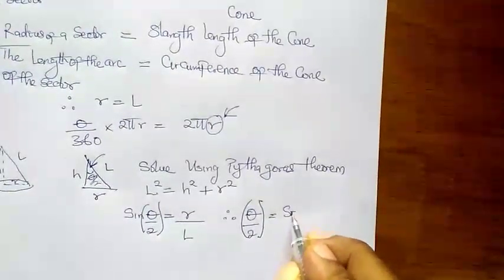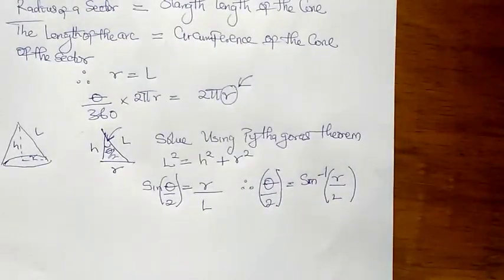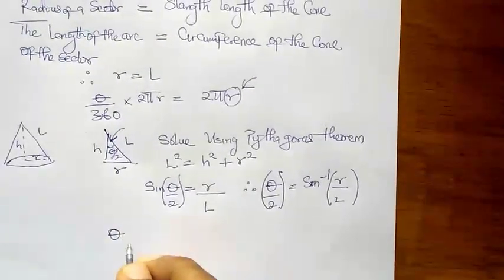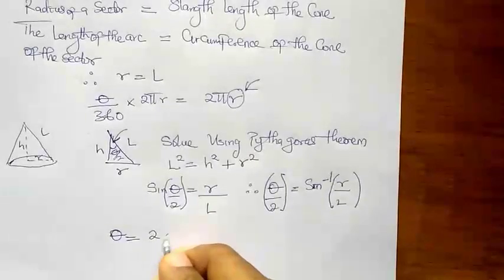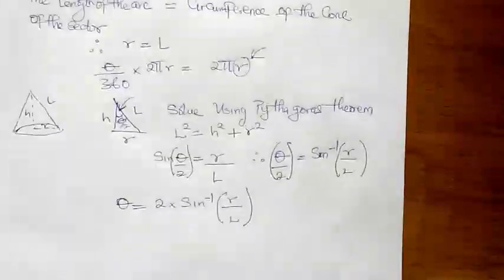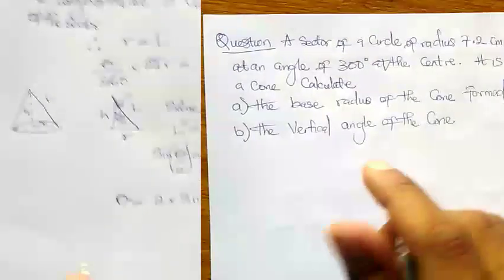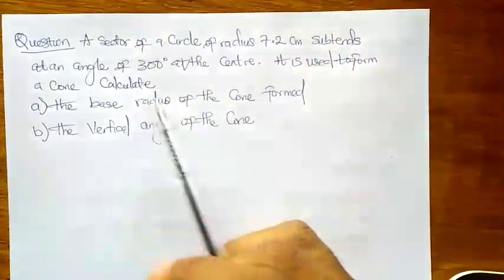Since we might be given the length and the radius, we have that sine of half of theta is equal to the radius, being the opposite, all divided by the length. We now have that theta over 2 is equal to sine inverse of the radius over the length. Theta is therefore equal to 2 times sine inverse of the radius over the length.